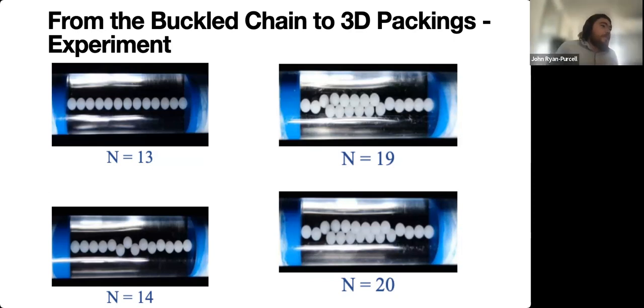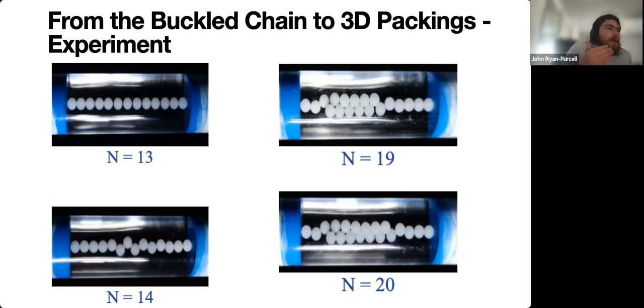The tube is rotated extremely quickly, and the spheres are pushed to the center. Ali's tube is of fixed length, so in order to increase the compression, he increases the number of spheres within the tube. And you can see as we move from 13 to 14, we get this buckled structure, but eventually we find the formation of this zipper structure.